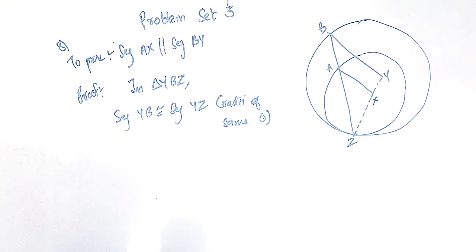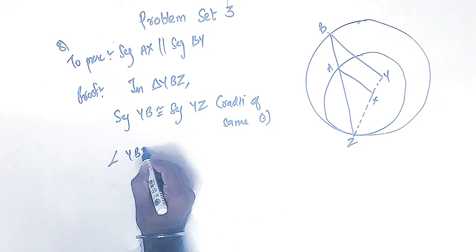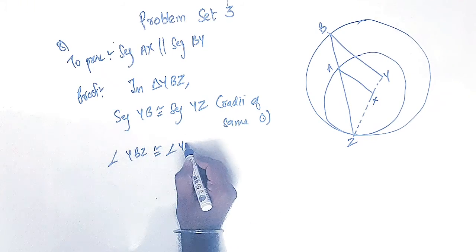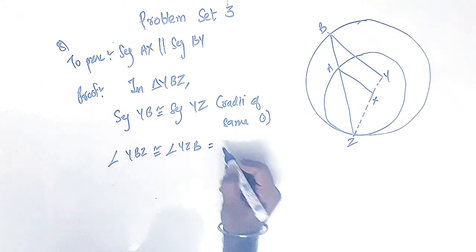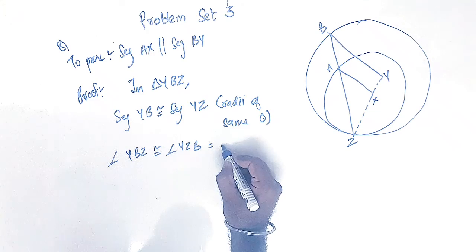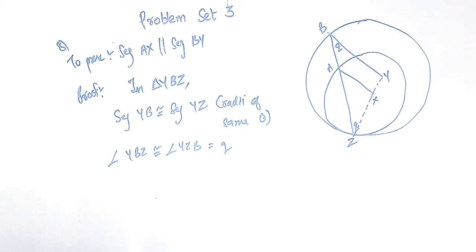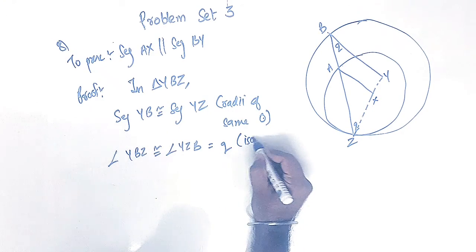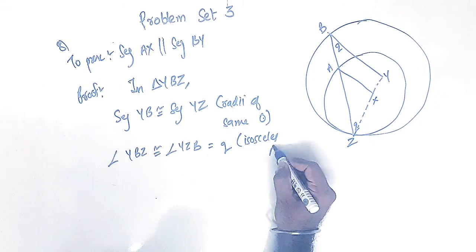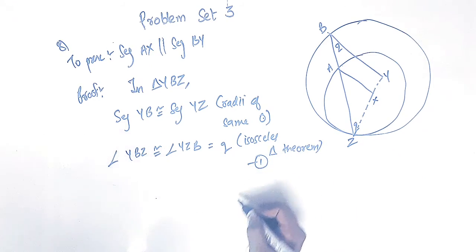Now because YB is congruent to YZ, we can write angle YBZ is congruent to angle YZB, equals to, let me take letter Q, smaller q I'll take. Why? This is the isosceles triangle theorem, point number 1.